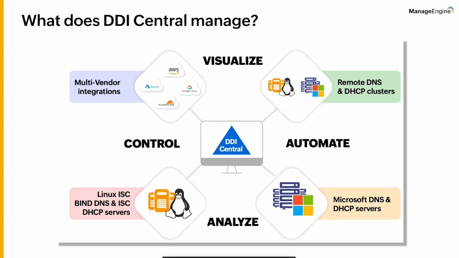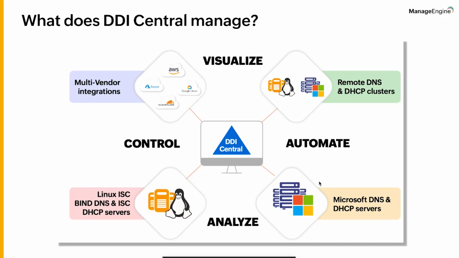For the remote-based DNS and DHCP clusters, we require you to make these remote clusters accessible for the central console. We have something called the management UI console, which is the central server through which these remote clusters should be made accessible.